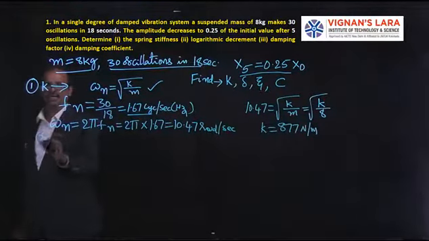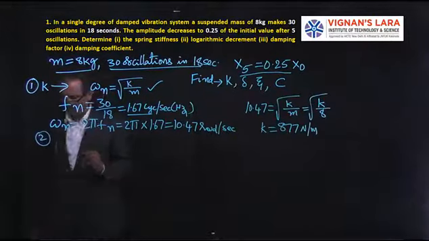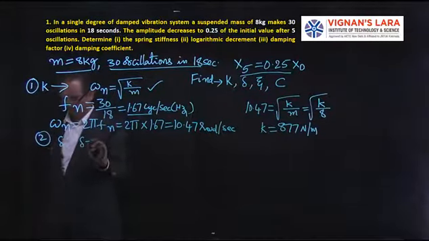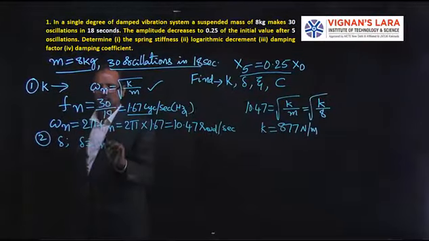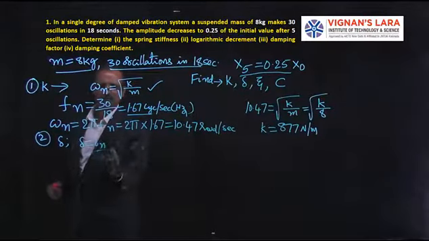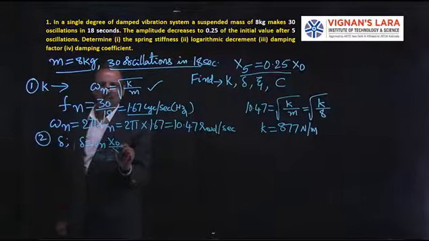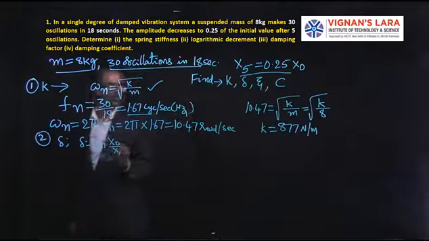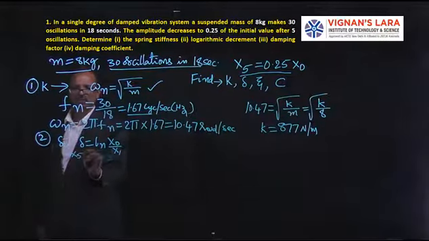Then coming to the second part, what is required? Delta. How to get the value of delta? We know the relation delta is equal to log x naught by x1. This is from the basic fundamental we have defined. And you know the relation that x5 is equal to 0.25 x naught.